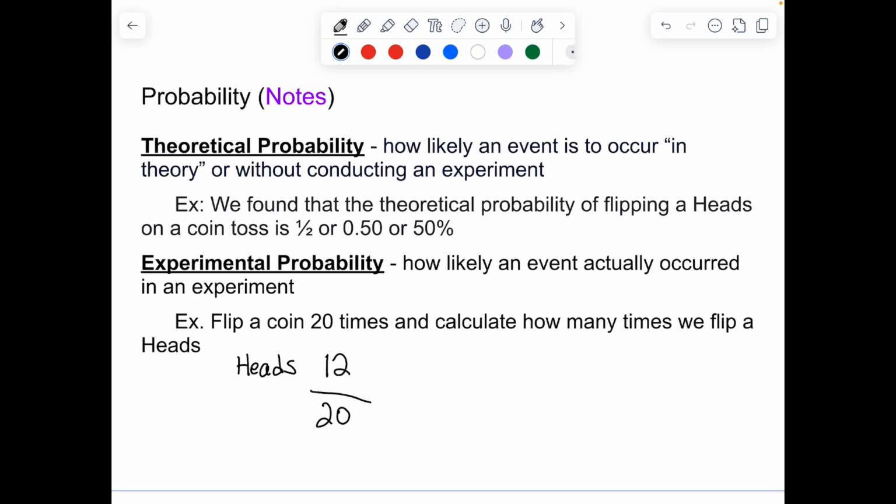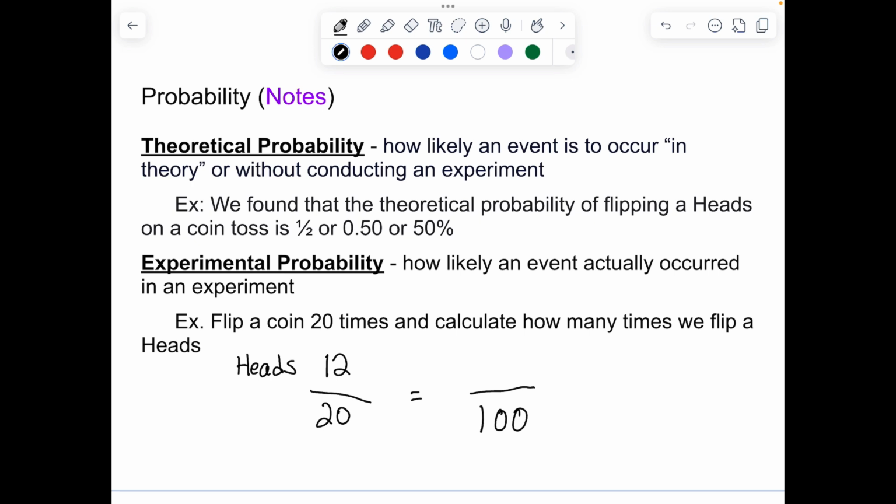Using experimental probability, we can also calculate future probabilities. So if I flipped 12 heads out of 20, and I wanted to know how many times I would flip heads if I tossed a coin 100 times, this is just a simple ratio problem.